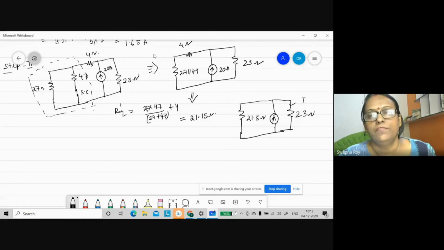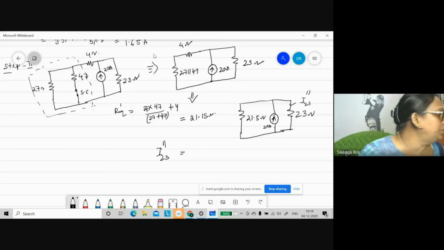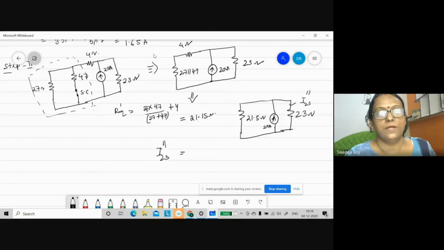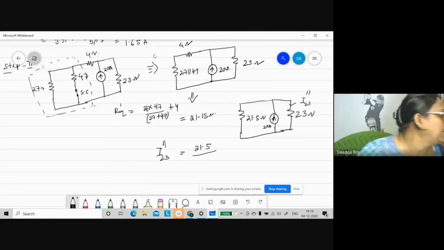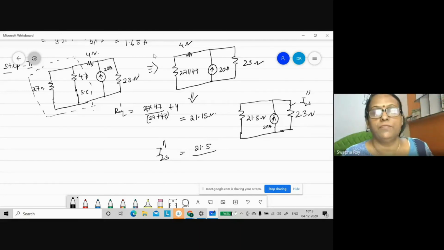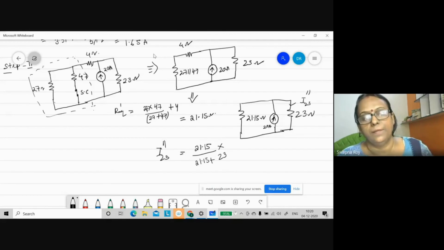So now I will find this I double dash 23, the current through the 23 ohm. So I double dash 23 is equal to the opposite resistance, this one, 21.15, by sum of resistances, 21.15 plus 23, into the main current.